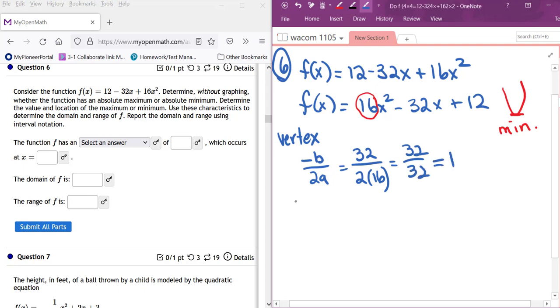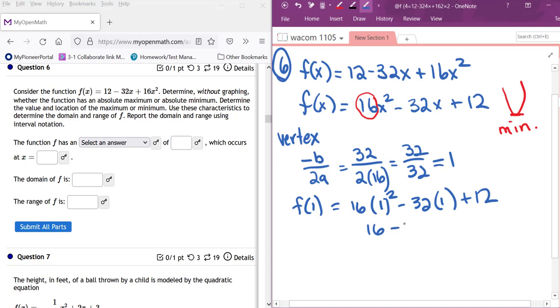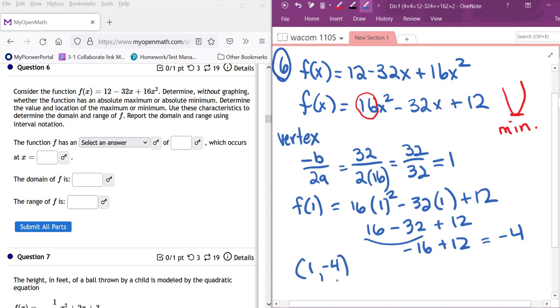And then we have to do f of 1. So 1 squared is 1 times 16 is 16 minus 32 plus 12. This will be negative 16 plus 12 is a negative 4. So our vertex is 1, -4.